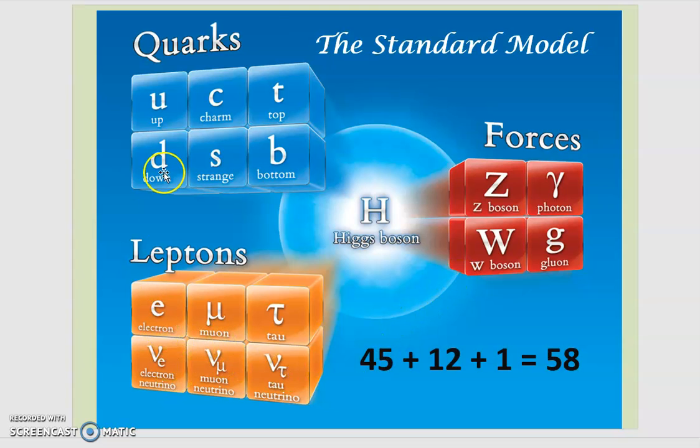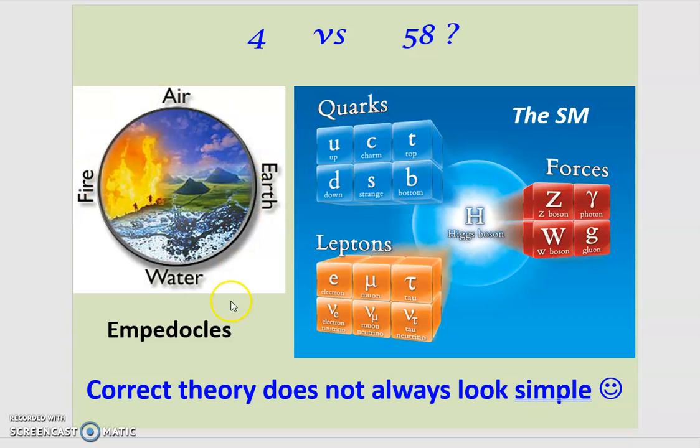Also, there are three families of quarks and three families of leptons. If we compare with the first model of matter, originally people guessed it was made of 4, but now it is 58. So sometimes a correct theory doesn't mean it is easier or simpler. This is the so-called Standard Model of physics.